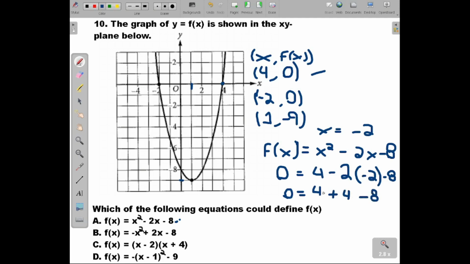So we have 4 plus 4 is 8, minus 8 is 0. So 0 is equal to 0 again. That means that the equation is consistent. So let's check the last point.